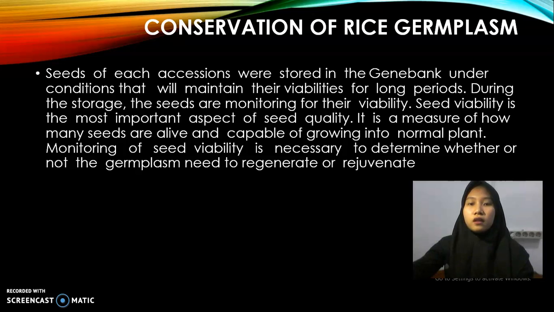Seeds of each accession are stored in the gene bank under conditions that will maintain their viability for a long period. During this time, the seeds are monitored for their viability.